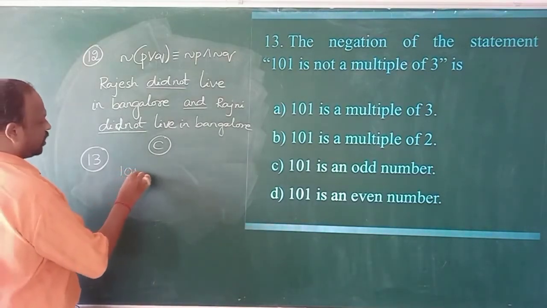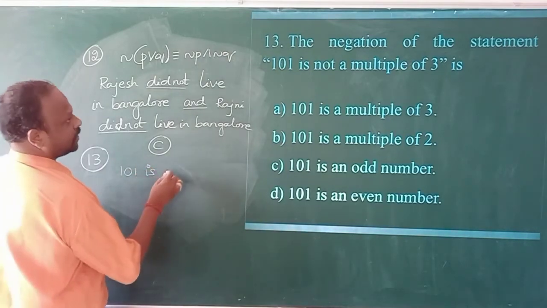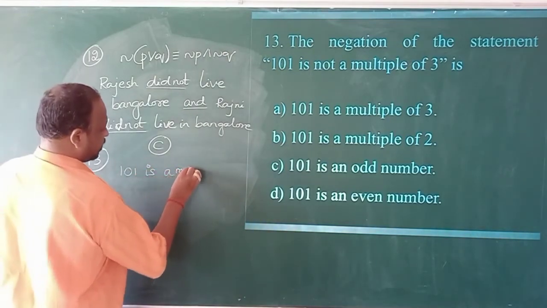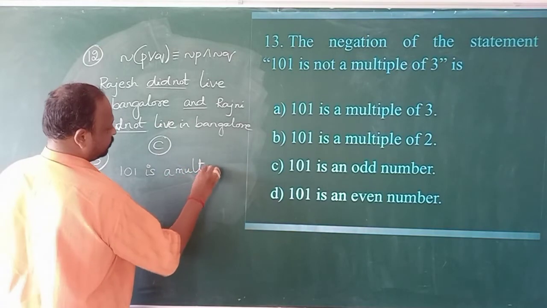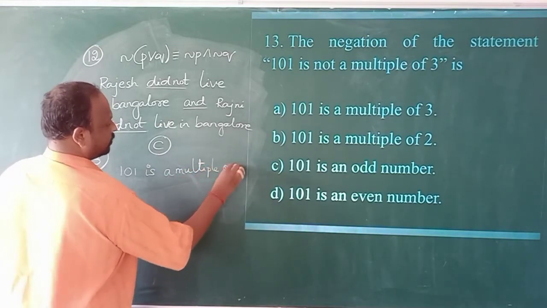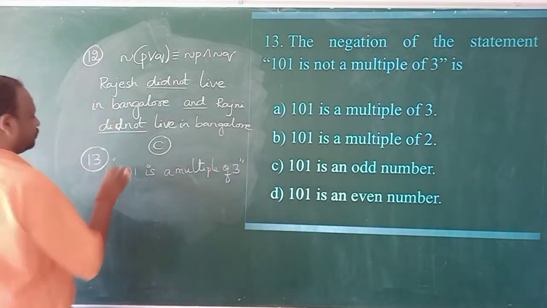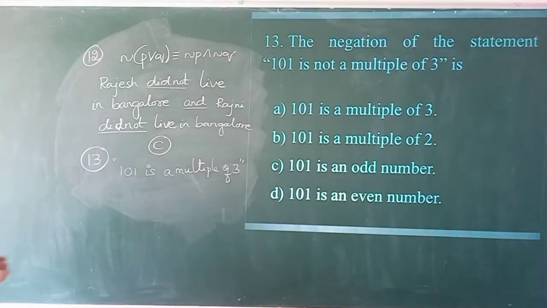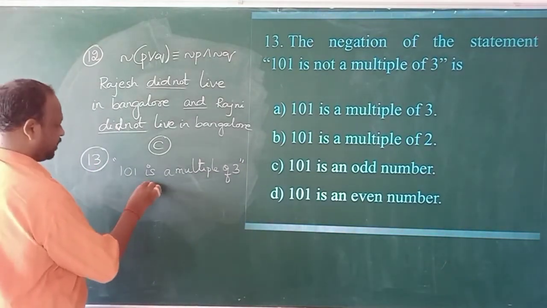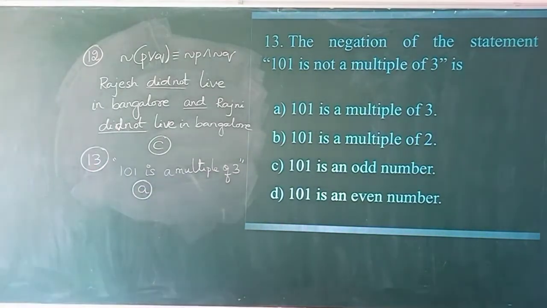Therefore, 101 is a multiple of 3. Option A. We'll go for the next one.